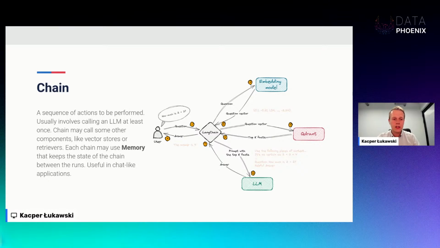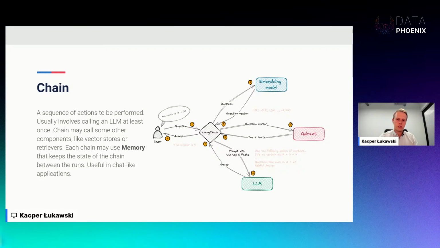So this is a typical chain. Whenever our user sends a question to the system, LangChain, first of all, vectorizes this question, then uses the vectorized question to retrieve some candidates, some semantically similar documents that can possibly answer that particular question.